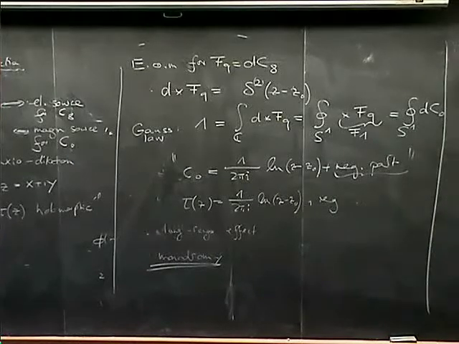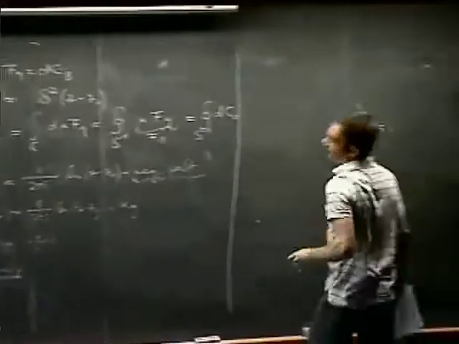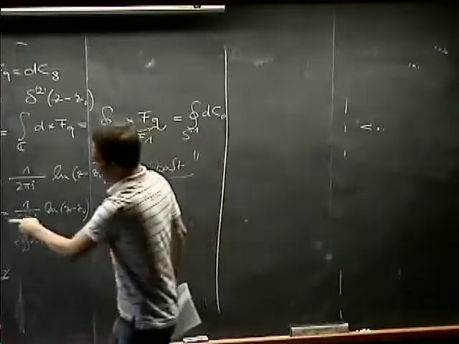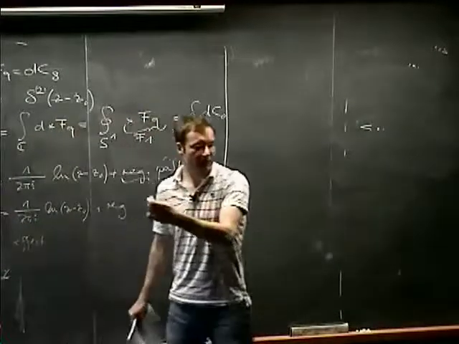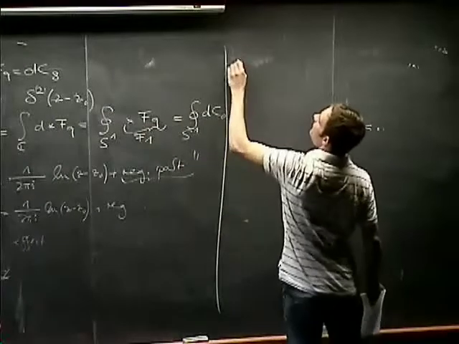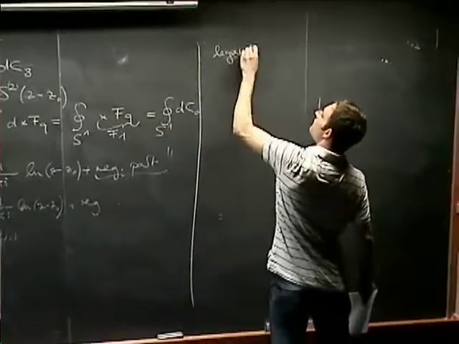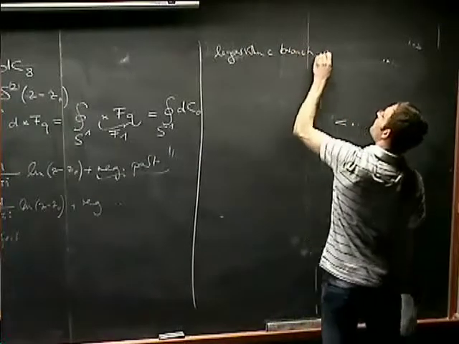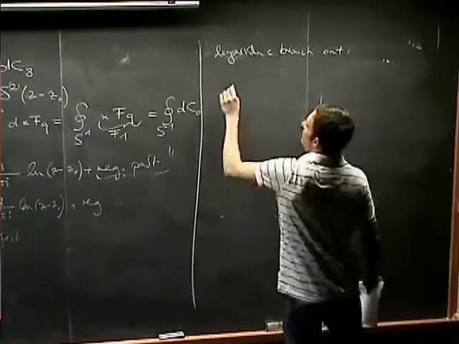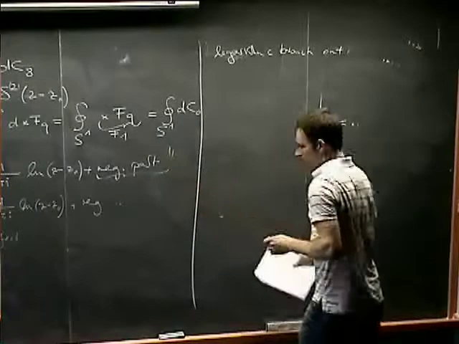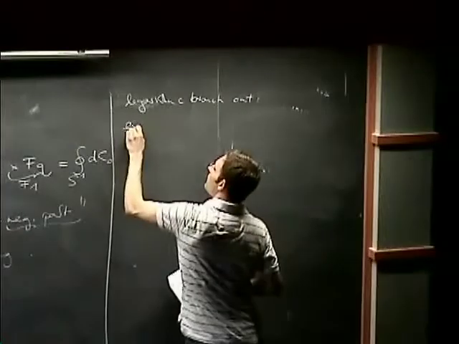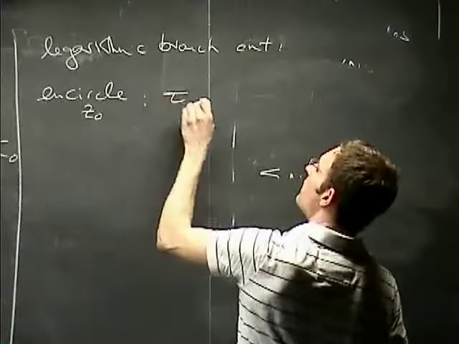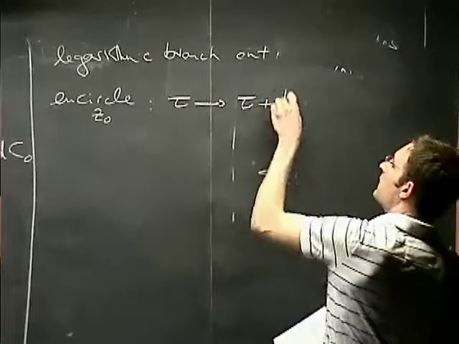So as we go once around the D7-brane, the axiodilaton jumps by 1. The logarithmic branch cut means that as we encircle the 7-brane, the axiodilaton tau goes to tau plus 1.